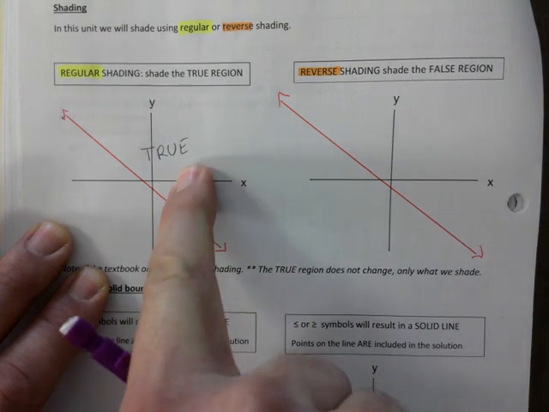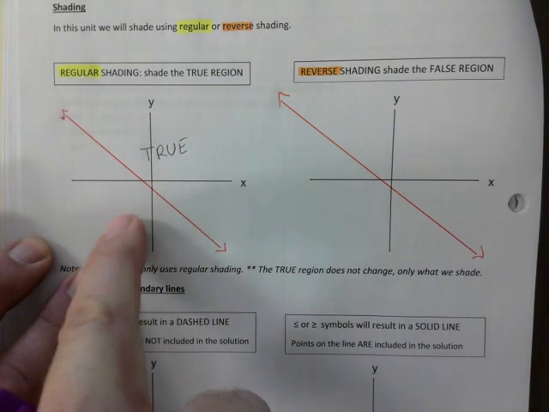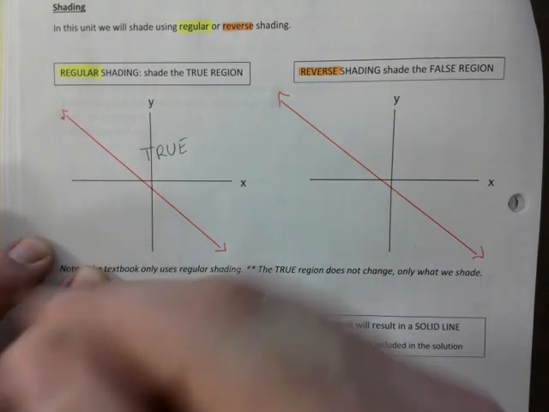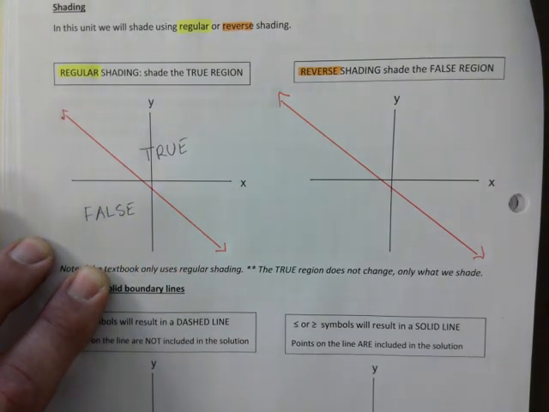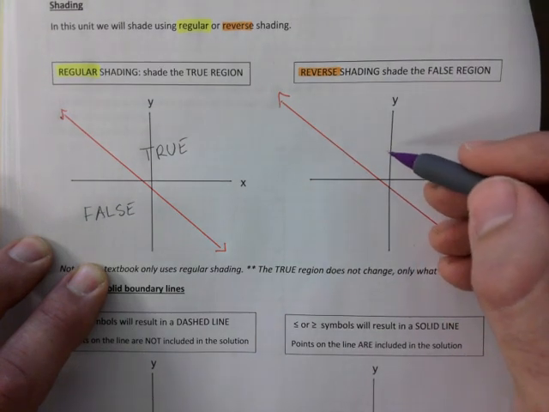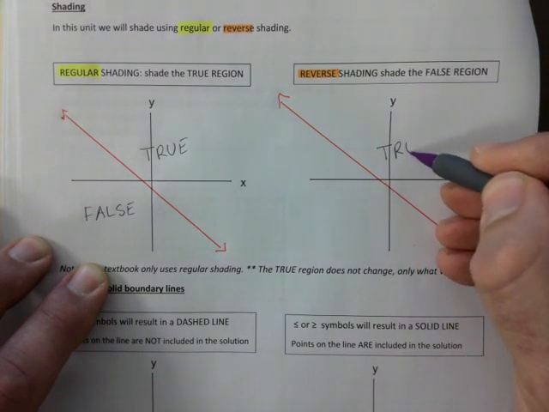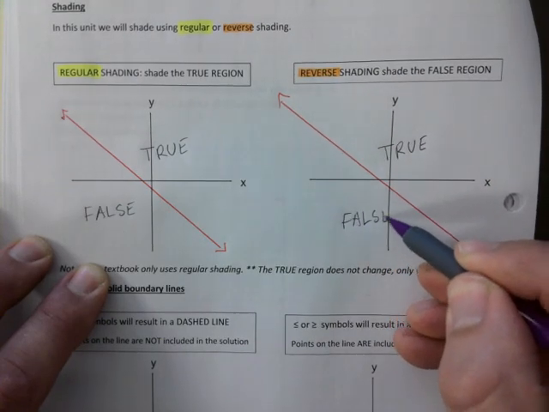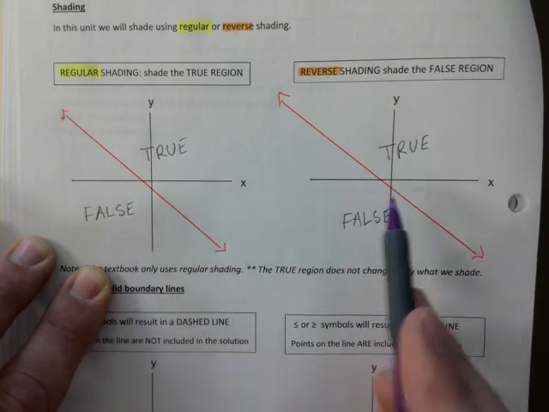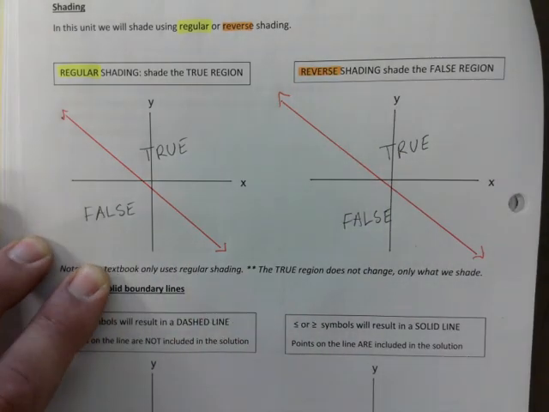So if this is true, that means that this other side would be false. These points would not be applicable. Same with this other. If we're talking about the same inequality, they're saying the exact same thing.